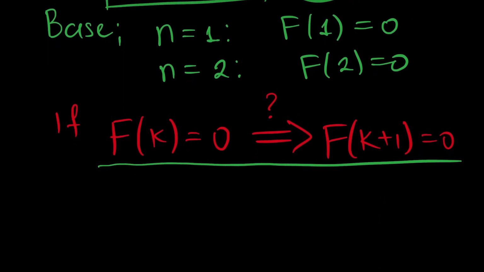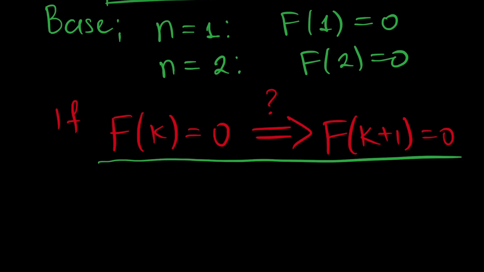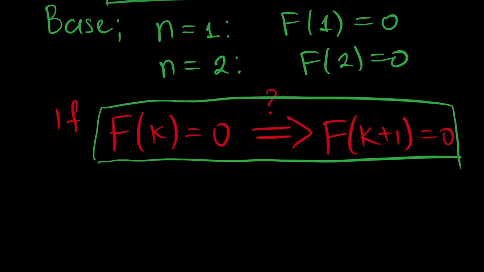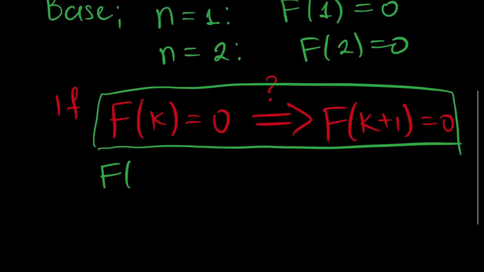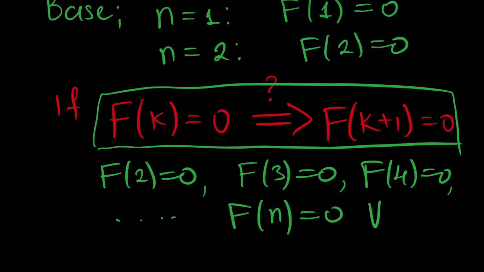If you have experience in programming, you can assume that here the first step, f of 1 is correct, f of 2 is correct, and since we prove this step, f of 2 is correct, and using this result we see that f of 3 is correct also, and again using this result f of 4 is correct, and so on and so on, and f of n is 0 for any n.